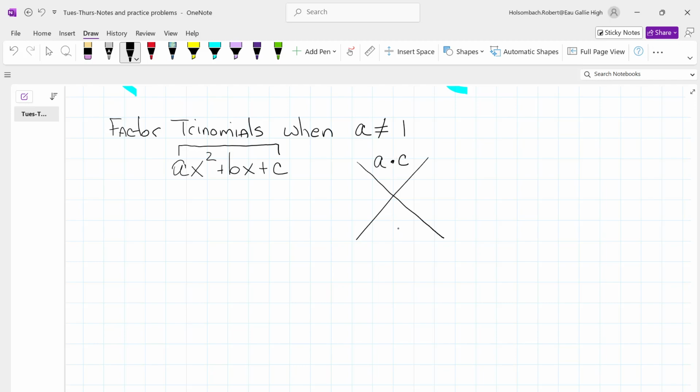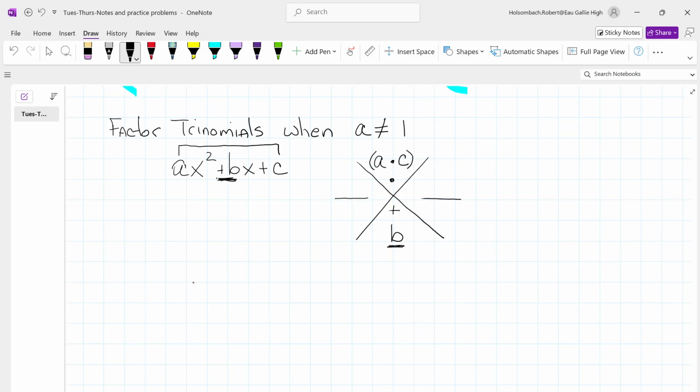What goes down here in the bottom of the x is this b value. And then we're going to find two numbers that multiply to this product and that add to this value of b. And then after that, I'm going to show you a technique of how to finish, group, and list the factors as two binomials.